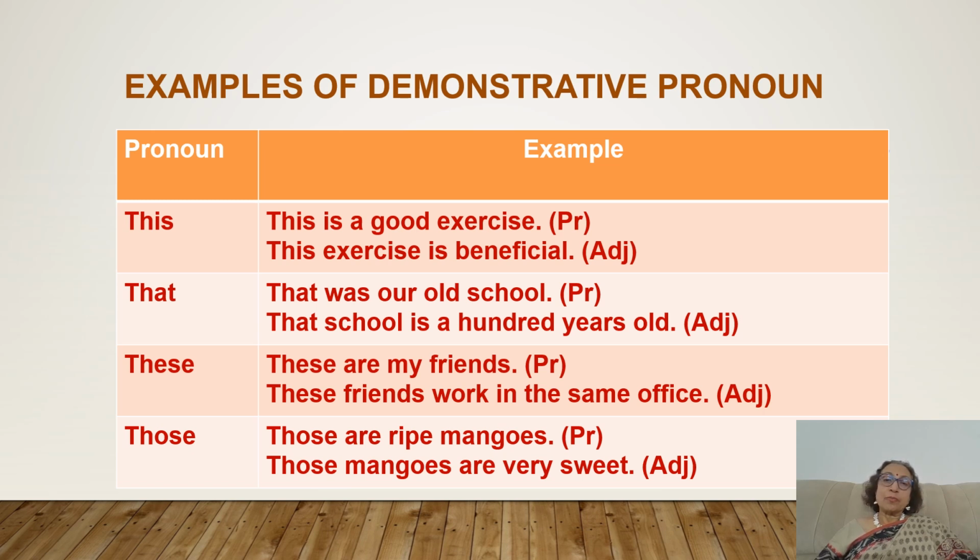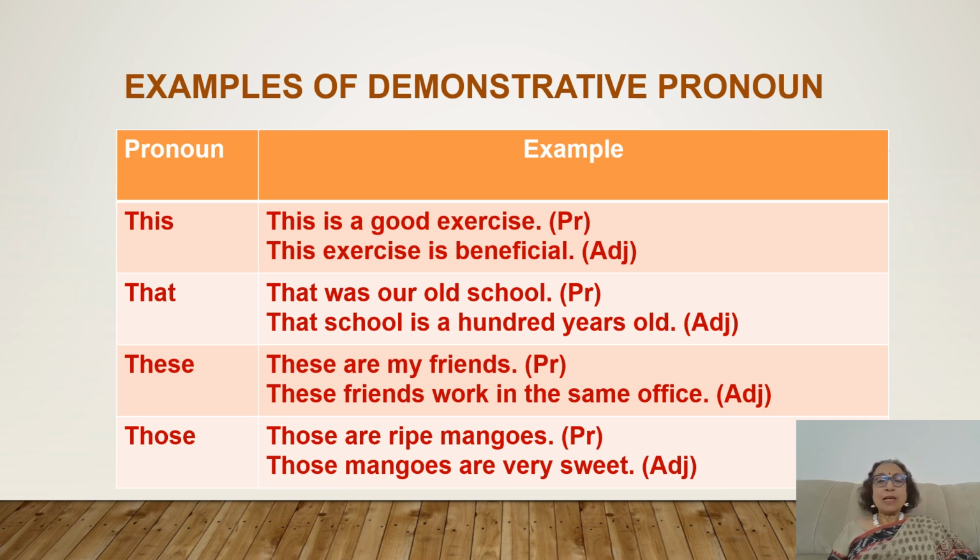Similarly, those are ripe mangoes. Again, are is a verb. So it is a pronoun. And those mangoes are very sweet. Adjective. Because mangoes is a noun and those is coming in front of it, talking about the mangoes, pointing out, showing, demonstrating the mangoes. This is another variety of pronoun, demonstrative.